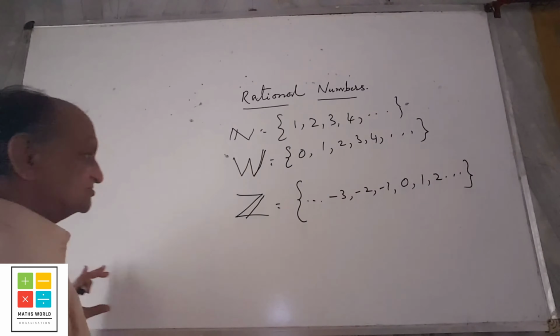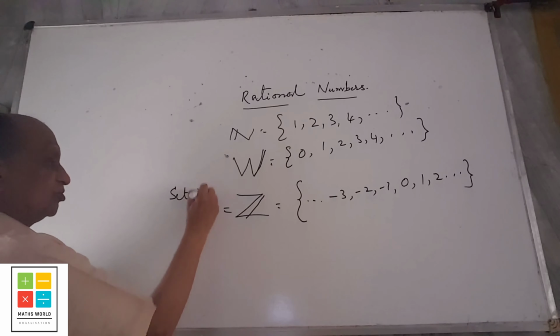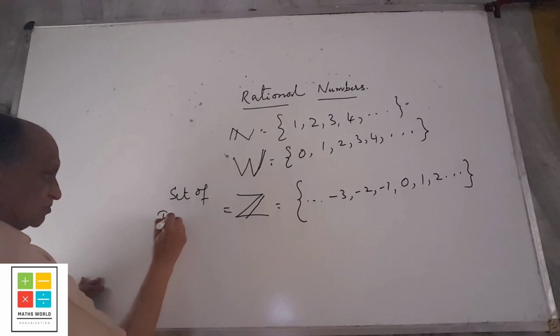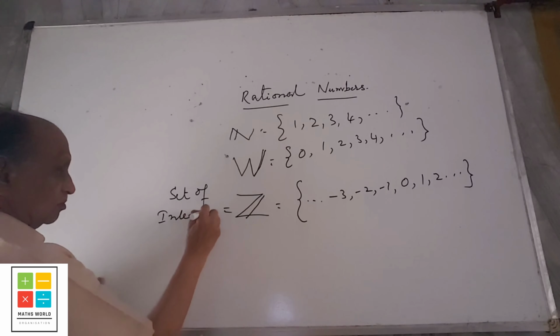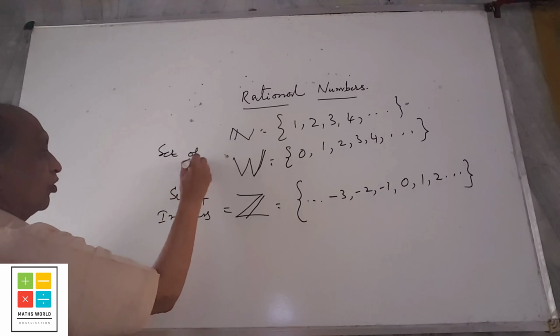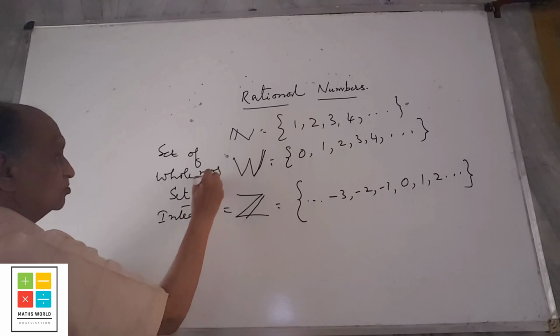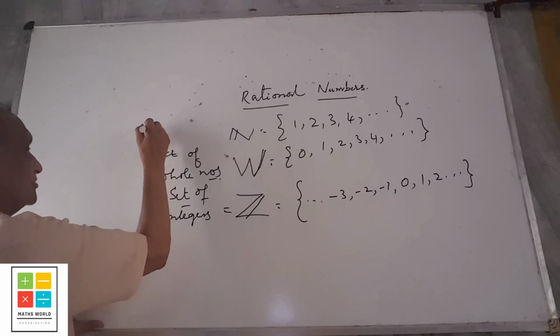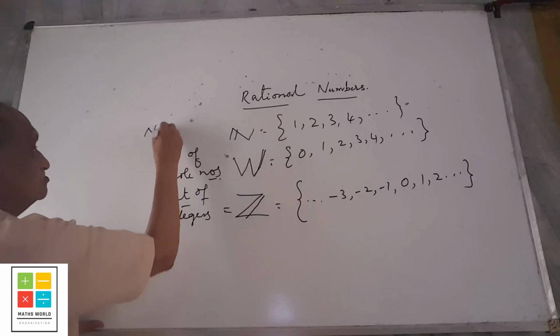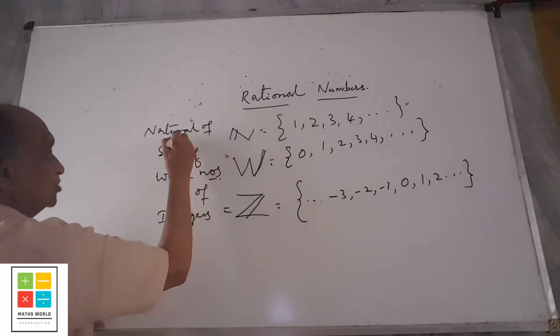This is called the set of integers. Set of whole numbers. Here, natural numbers. Set of natural numbers.